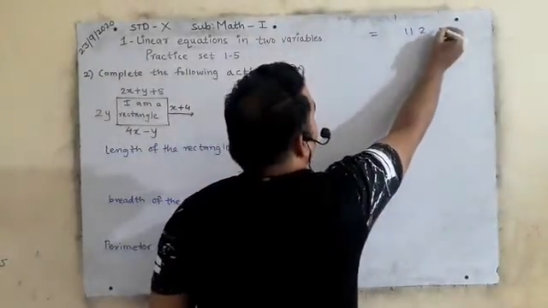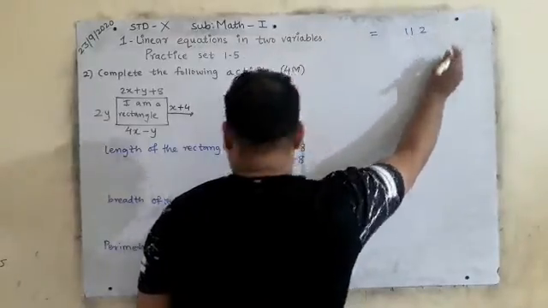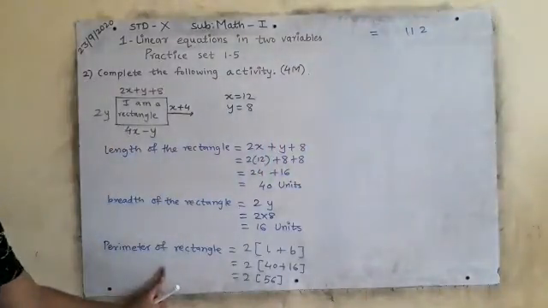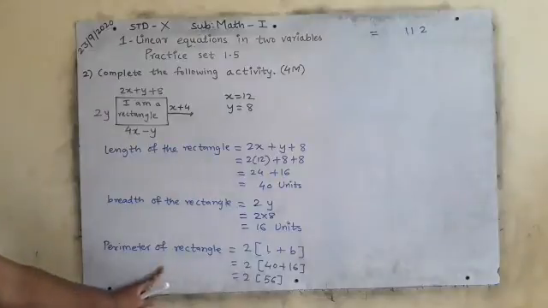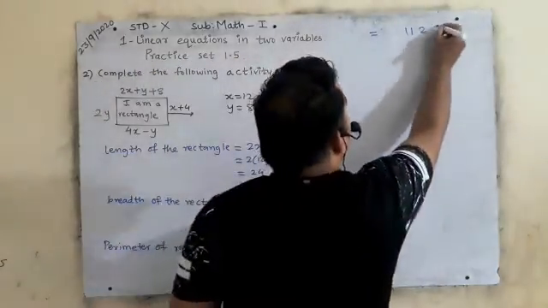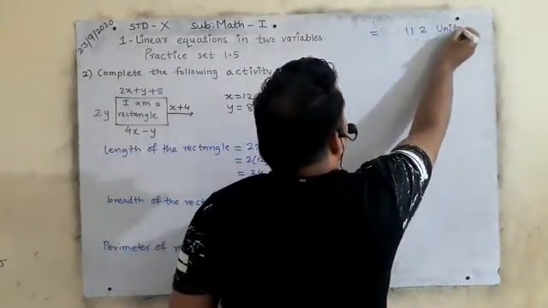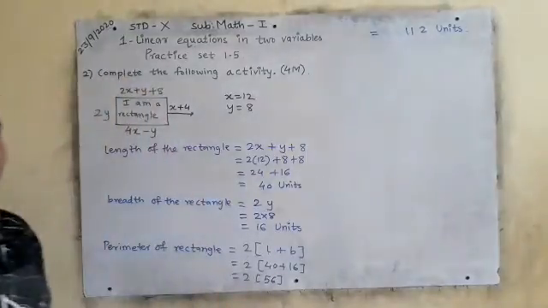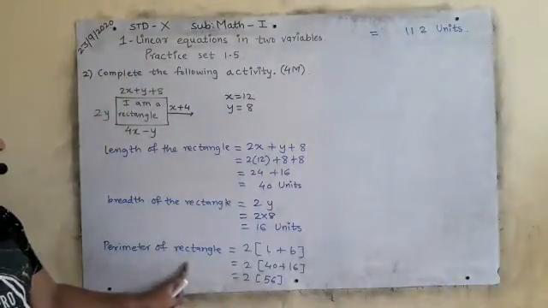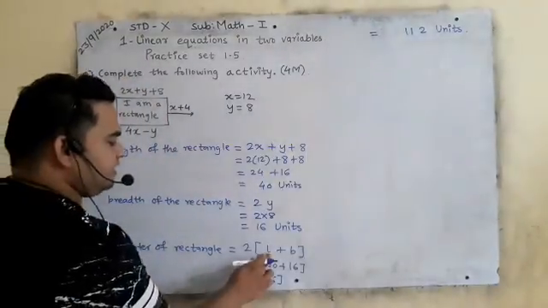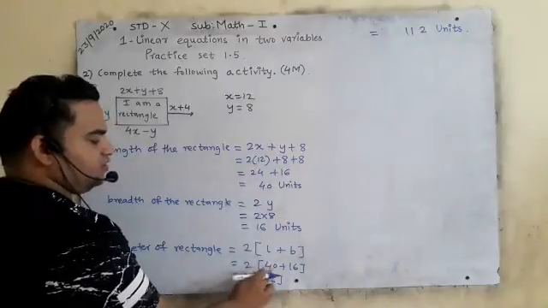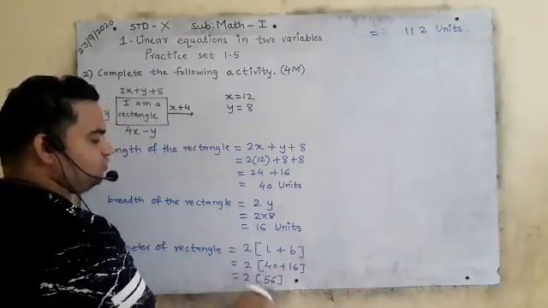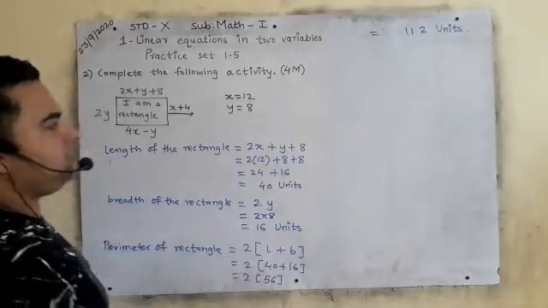So 112. It is perimeter, and the unit is not given, so you will write 112 units. Perimeter of a rectangle is 2 multiplied by length plus breadth. Length 40, breadth 16, 56. 2 multiplied by 56, 112 units.